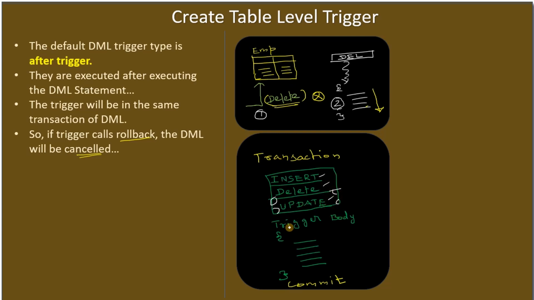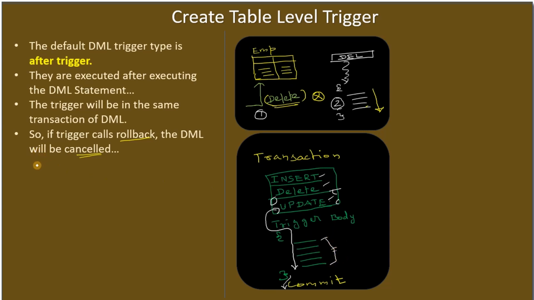So the transaction begins here, and if it is an update trigger, then it will directly enter into the trigger body, and after executing the trigger body, it will come and commit the transaction. So that means the update can be cancelled anywhere in between by making a call to rollback, right?